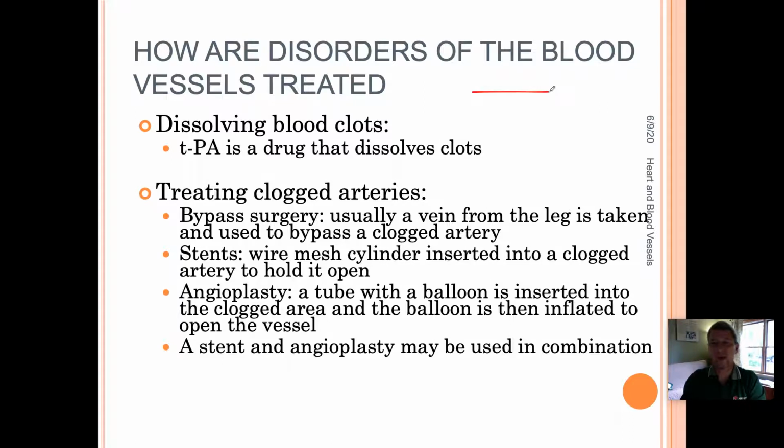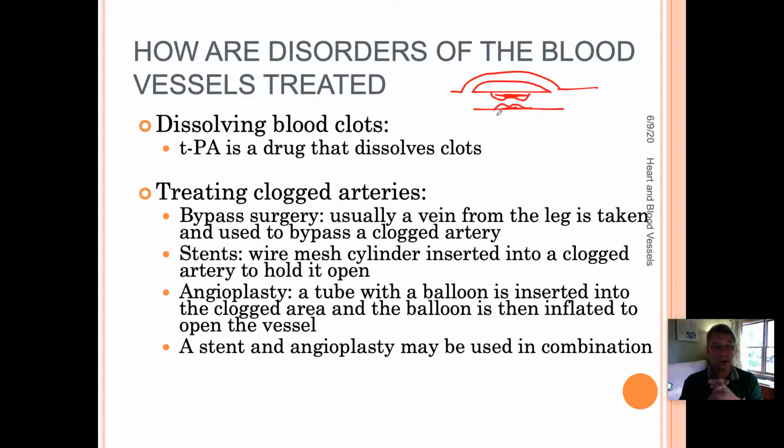So if you've got an artery here and it's got a clog in it, and the blood flow is constricted, what you can do is you can literally attach another blood vessel here surgically so that the blood can actually go around the clog. Okay, that's a bypass surgery.